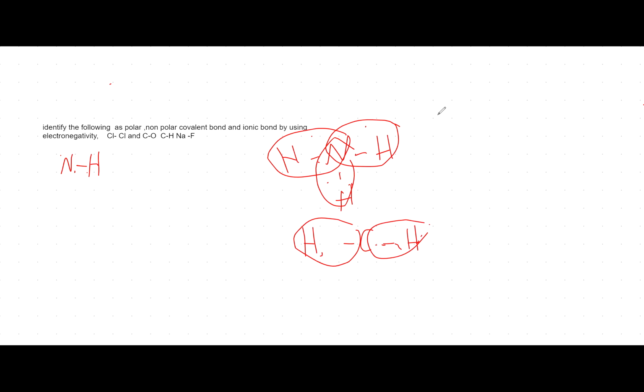Now we are studying the bond, whether it is polar or non-polar. Later on, in other lessons, mostly in grade 12, you will study the polarity of the compound, according to the structure of the molecule. So they have to know the polarity, and from there they will identify the structure of it.